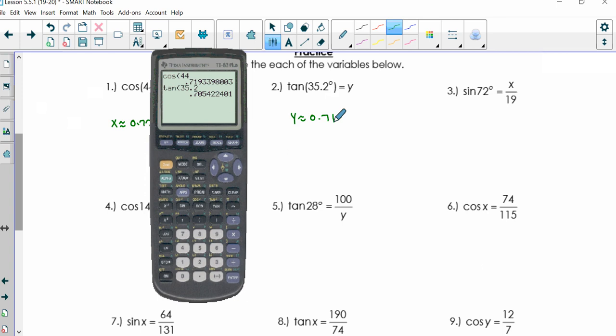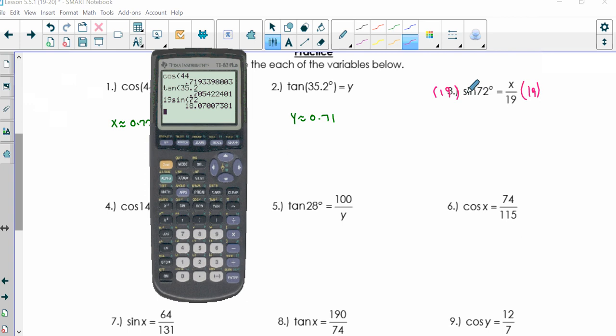Okay. Over here, I need to get x by itself. Since this is a fraction, I always undo it by multiplying by the denominator. So I'm going to multiply both sides by 19. So in my calculator, I can put 19 sine of 72. I don't need parentheses for the 19, which you could if you want to. Okay, again, we're in degree mode because notice that we're putting in a degree.